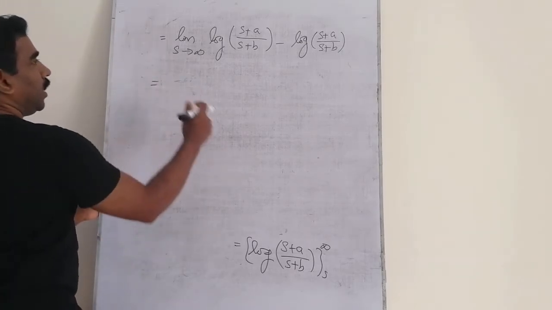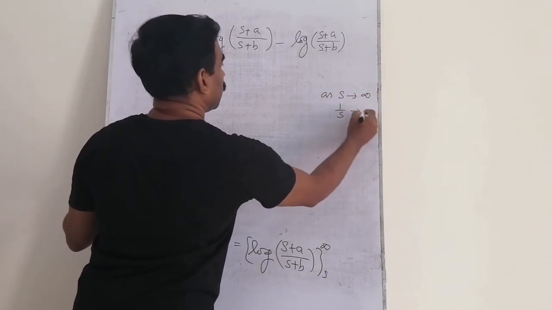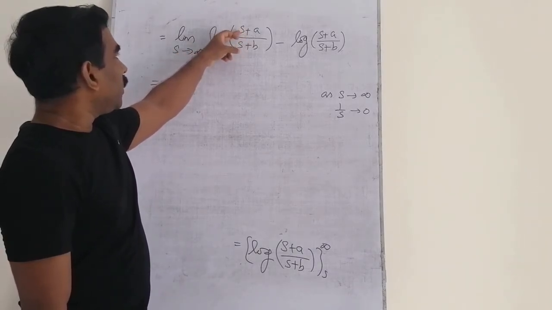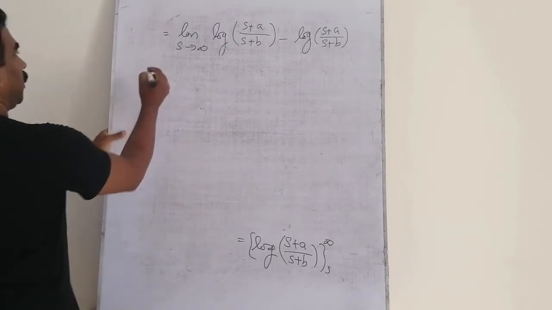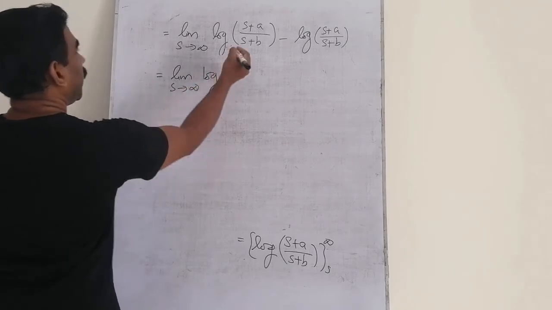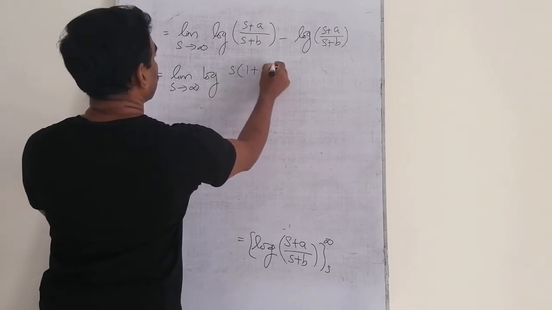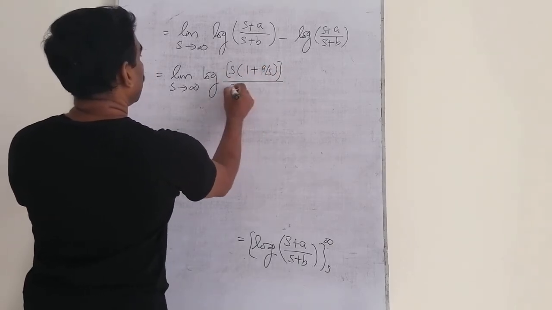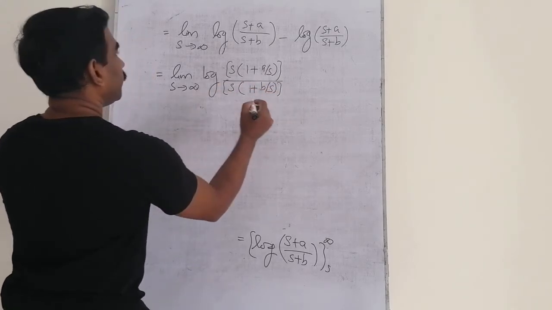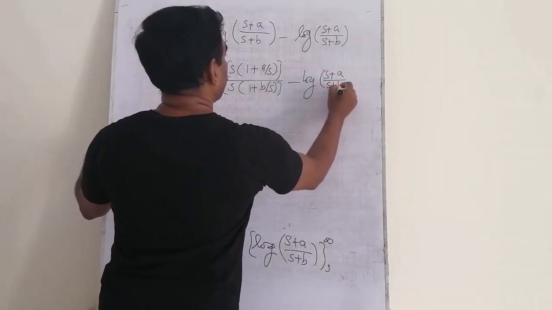Now we can see that as s tends to infinity, when s is very large, its reciprocal 1 by s goes to 0. So we take the common factor s from the numerator and denominator: s into (1 plus a by s) divided by s into (1 plus b by s), minus log of (s plus a) divided by (s plus b).